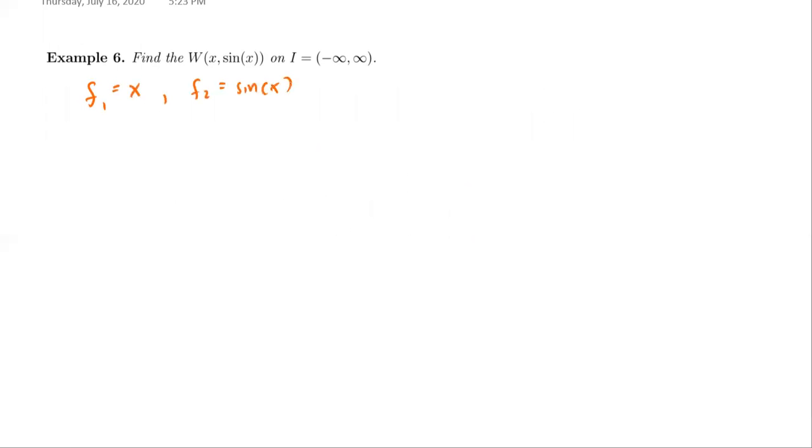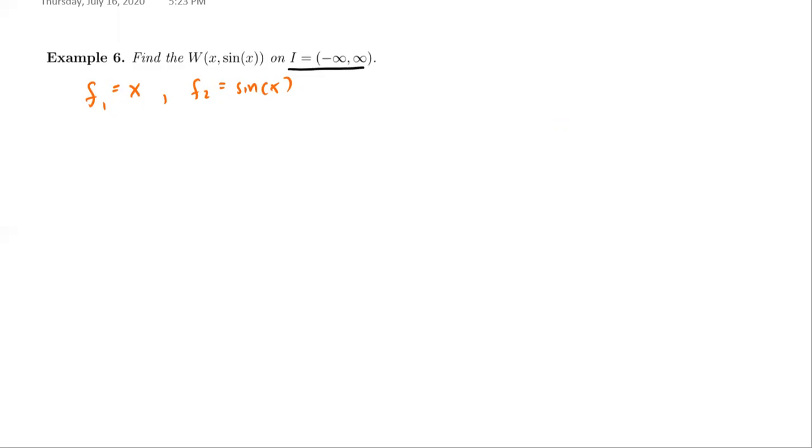We have two functions, so we need them to be at least 1 time differentiable. Well, x and sine of x, we know that they're 1 time differentiable. And on what interval? Well, everywhere. The derivative of x is 1, which exists everywhere, and the derivative of sine x is cosine x, which exists everywhere. That's why we can calculate the Wronskian on the whole interval.